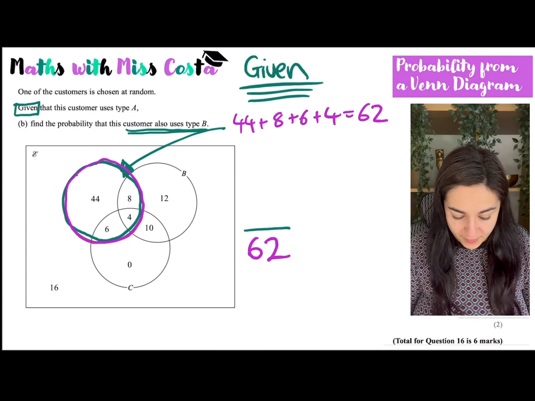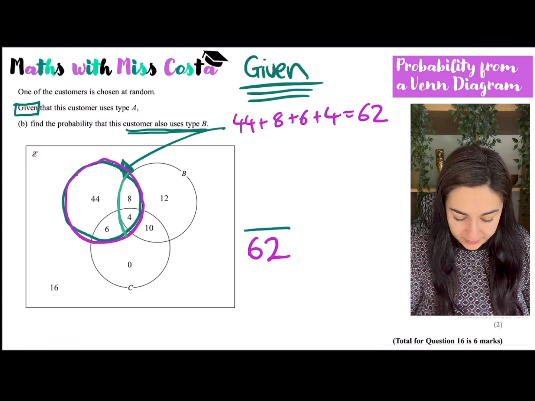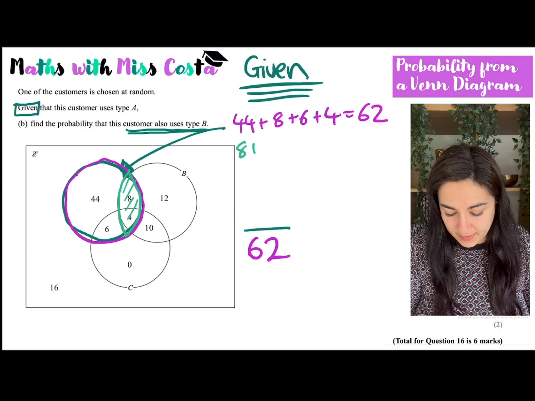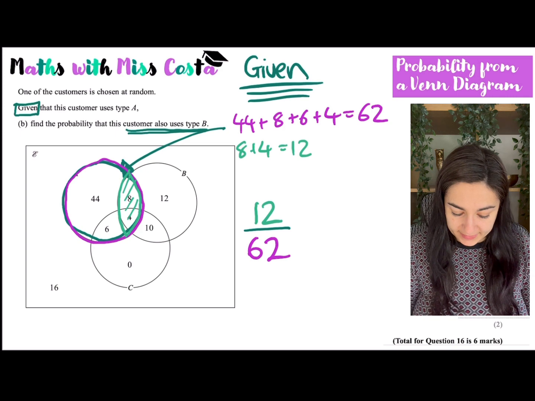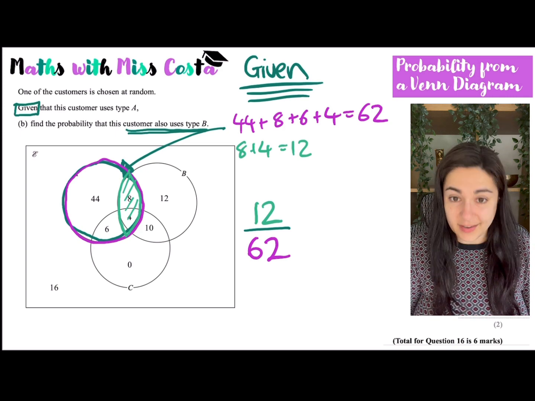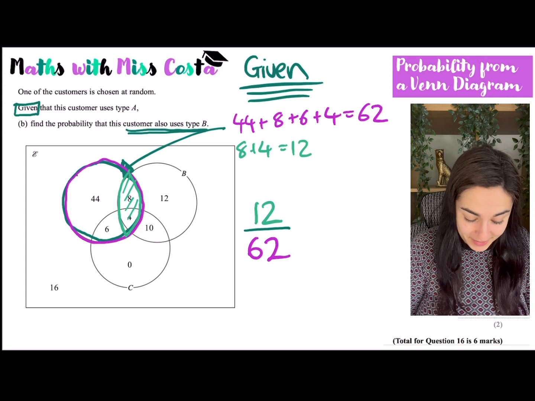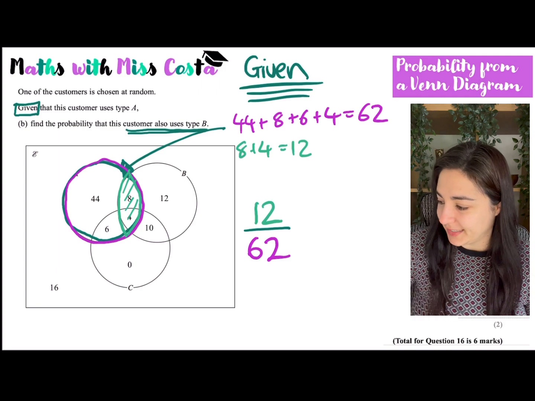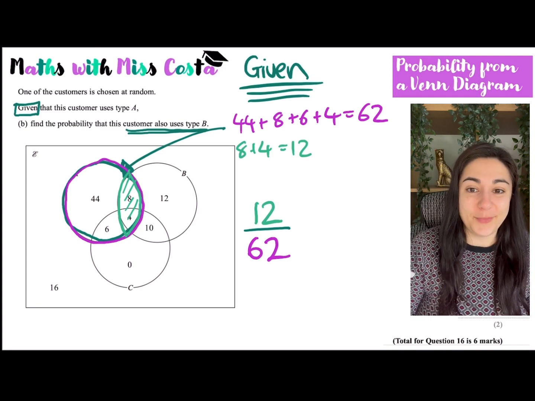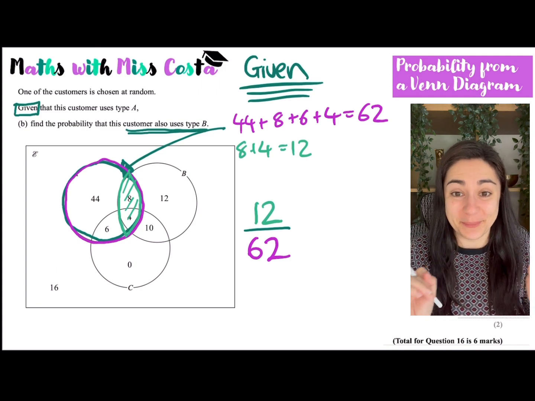And then find the probability that this customer also uses type B. So here are all of the people that use type B. 8 plus 4 equals 12. So the probability that this customer uses type B, given that they use type A, is 12 over 62. So the key word here, pay attention to it, please.